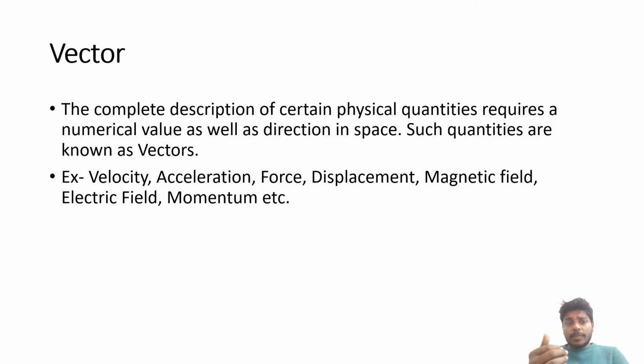But this definition, I would say, is not complete. We will see the complete definition. Simply, everybody says a vector is a physical quantity which requires numerical values as well as direction. But there are some quantities which have magnitude and direction, but they do not fall in the category of vector.